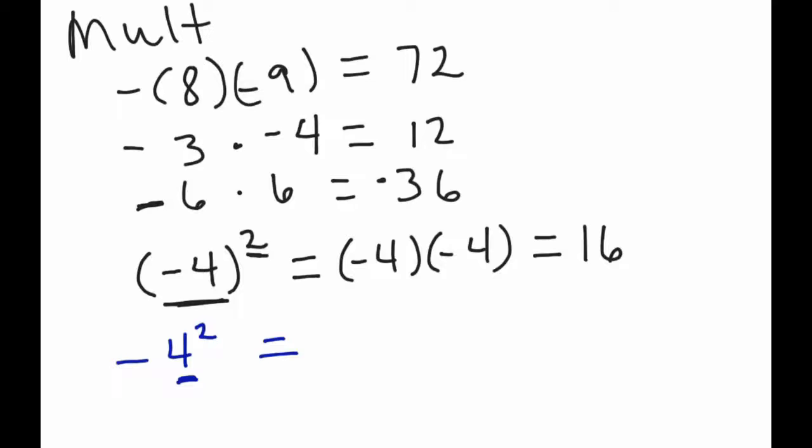So in essence, I just copy the negative sign, and then we're going to put parentheses and multiply that 4 twice according to the exponent. Okay? So now what I have, that's what I should have done first. This first. 4 times 4 is 16, and the negative just follows, and it's negative 16.